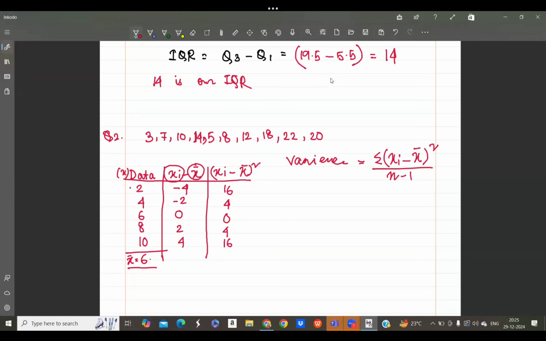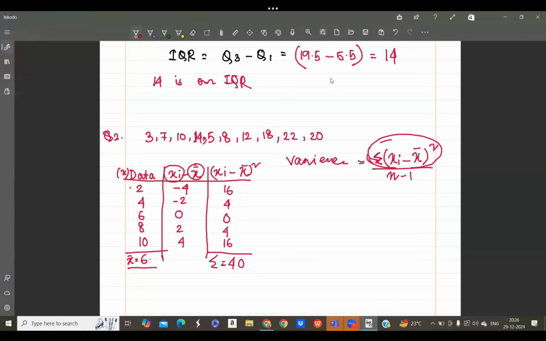Okay. Now we need to do the summation of this. क्योंकि यहाँ पे summation है ना. 40. So we find the upper part. This part is done, right?